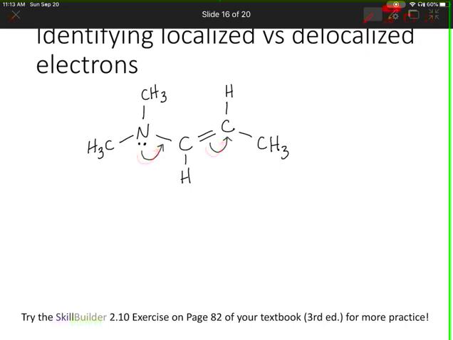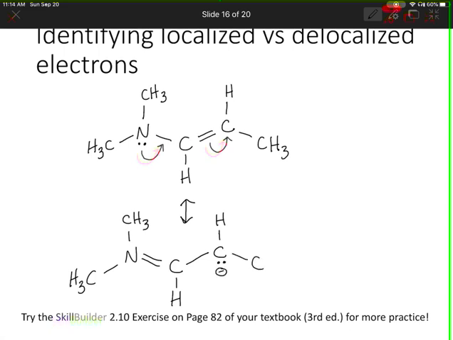Okay, so let's draw that structure. Let's see what it would look like. I'll draw it down below here, since this is a fairly large molecule. Okay, so now we would have a double bond between nitrogen and carbon. And then we'd have a single bond on the other side of that carbon. And then the carbon on the left there will have a lone pair of electrons.